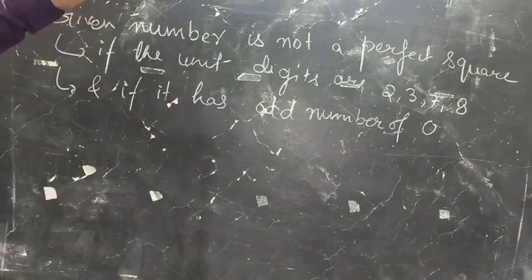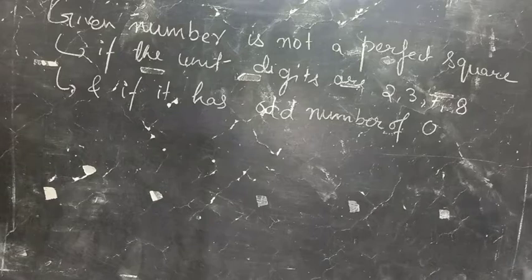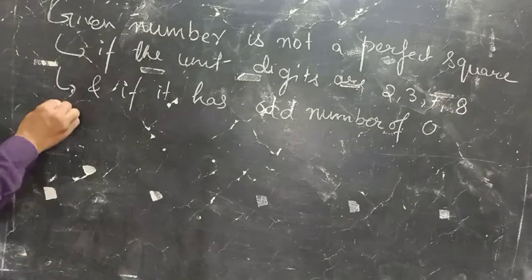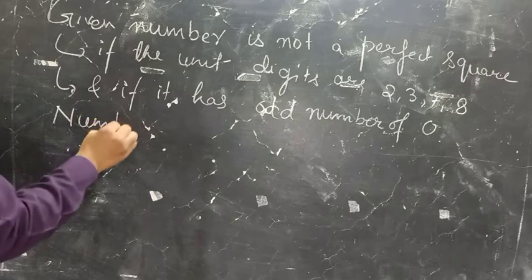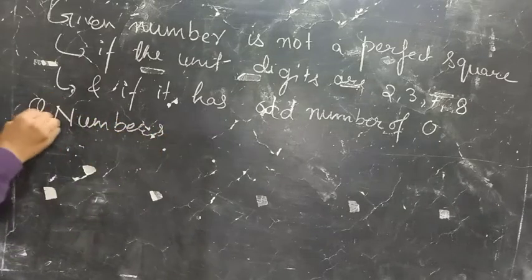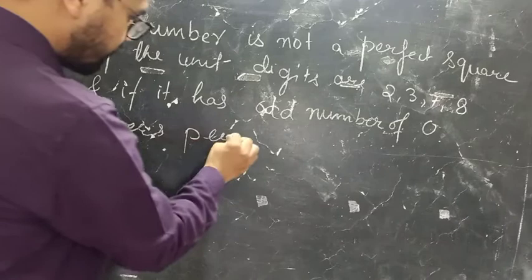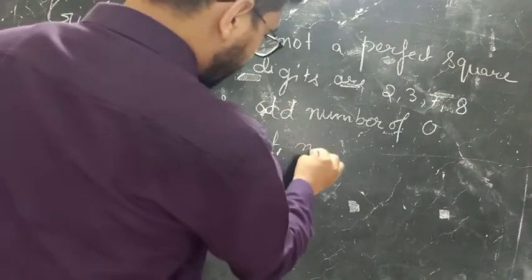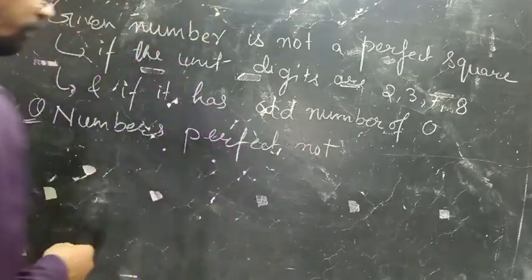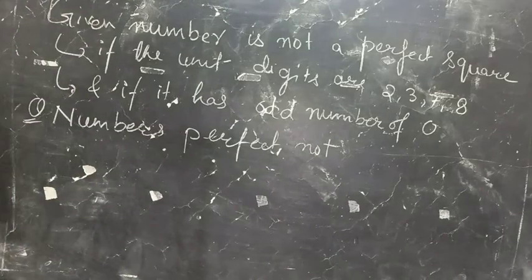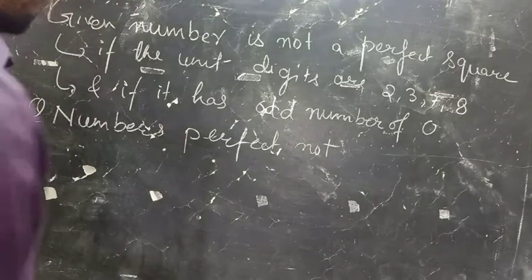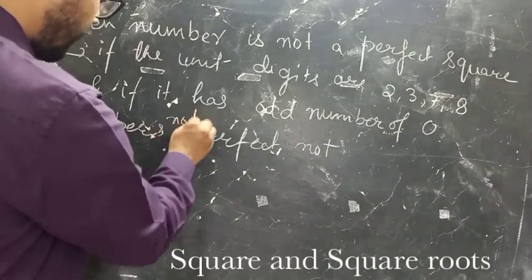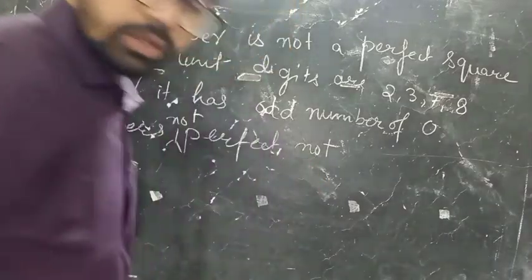Now for explaining this statement, I'll give you some examples. This is question number 2 of your exercise 6.1. The following numbers are obviously not perfect squares.